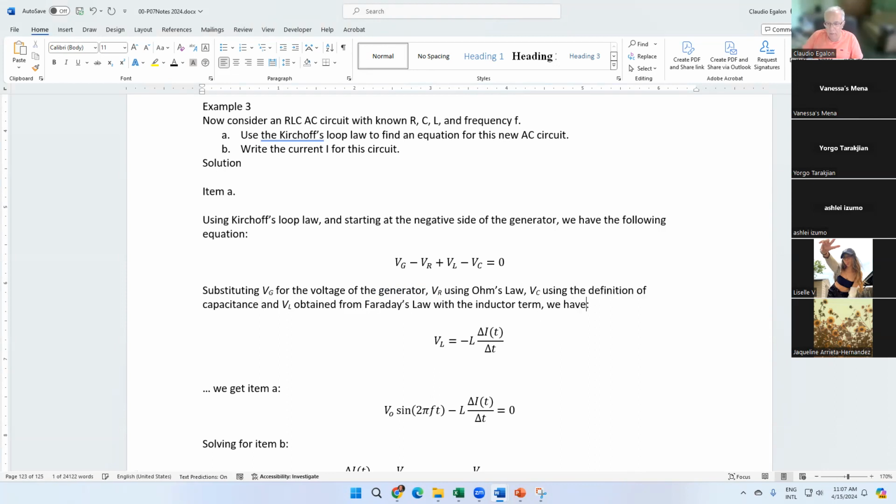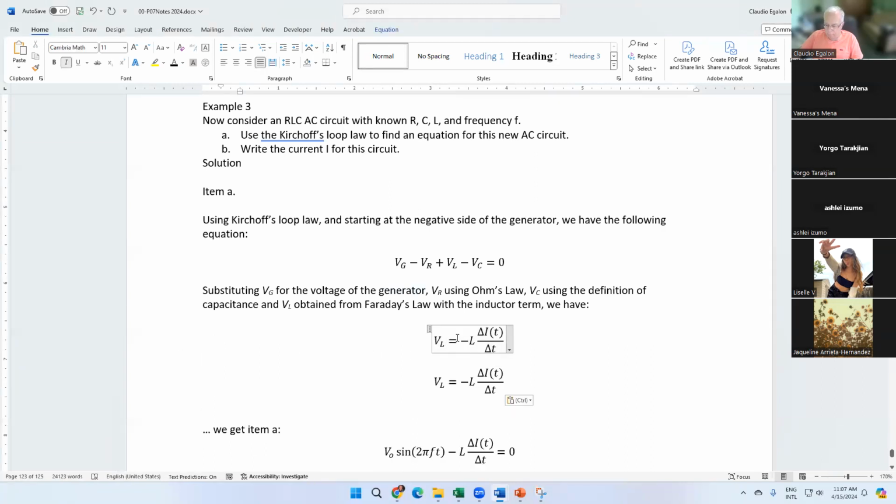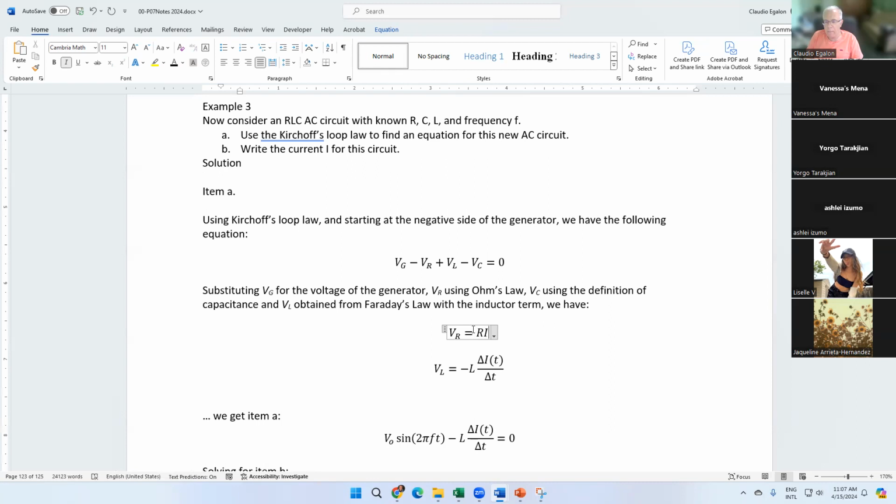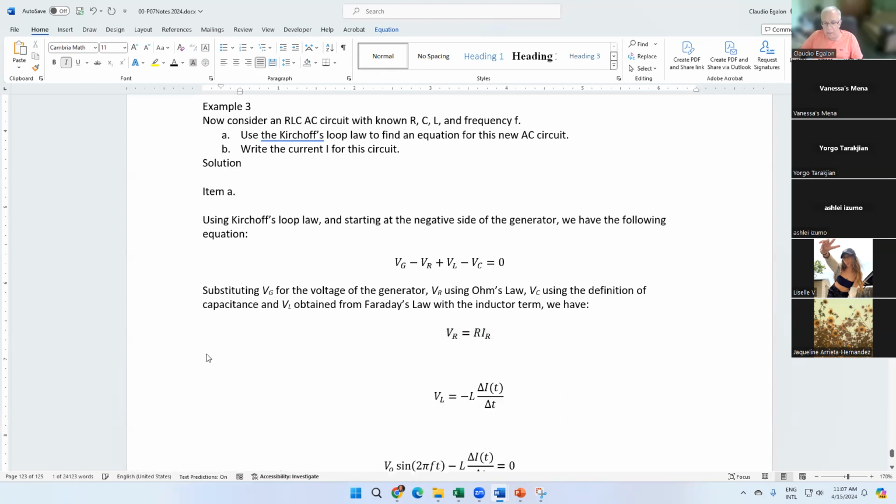I'm going to write down each of them here. V sub R is R times I. I'm going to put the I sub R for now. V sub C is going to be Q over C. And V sub L we already have here.